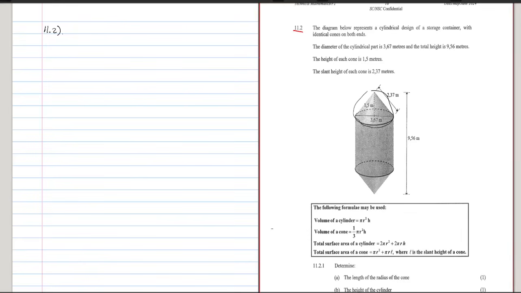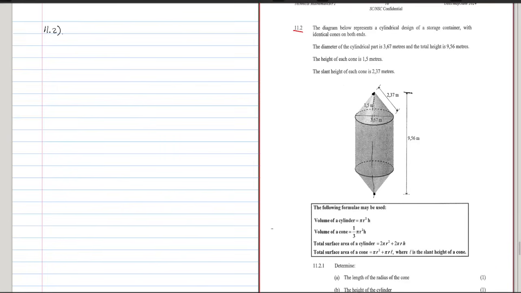The diameter of the cylindrical part is 3.67 meters, and the total height is 9.65. So be careful, the height starts here and measures all the way to the tip at the bottom.